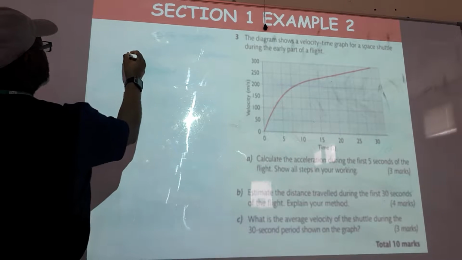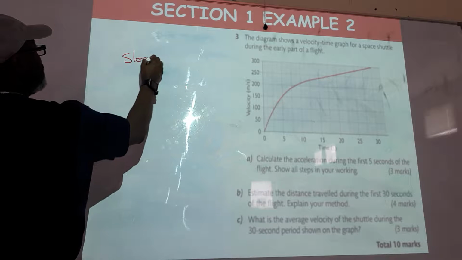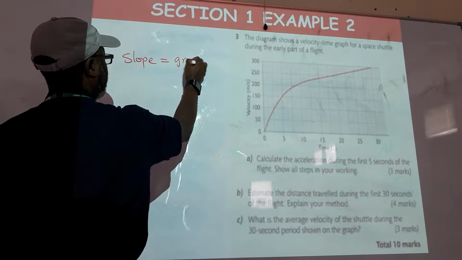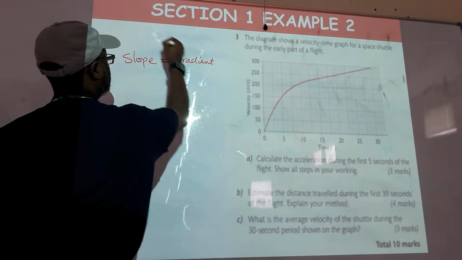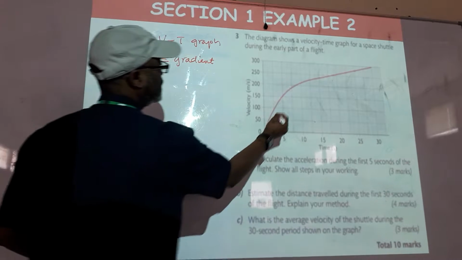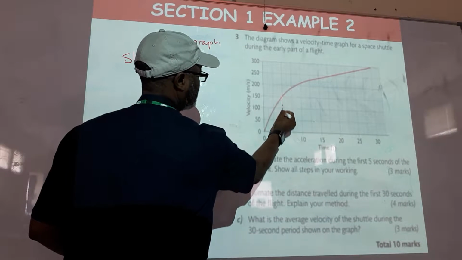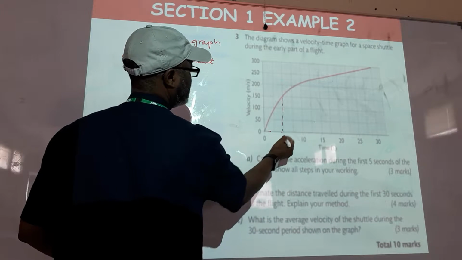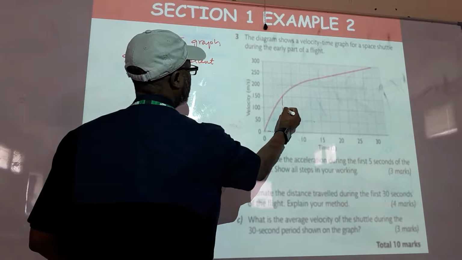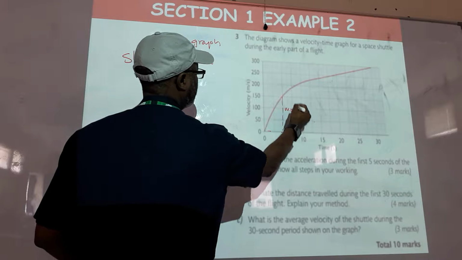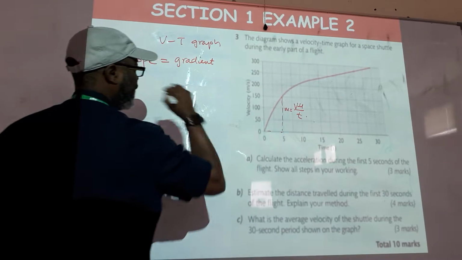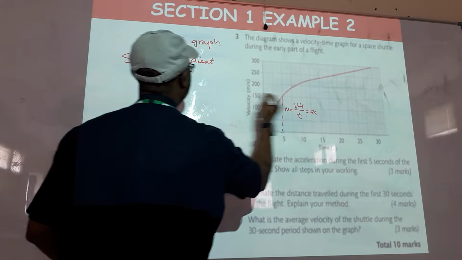First of all, the slope of the velocity time graph, which is the same as the gradient of a velocity time graph, you take it from somewhere like this, should be the same as the change in velocity over time, and that is the same as acceleration.